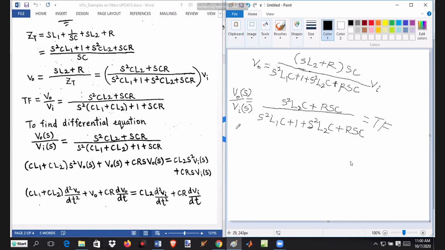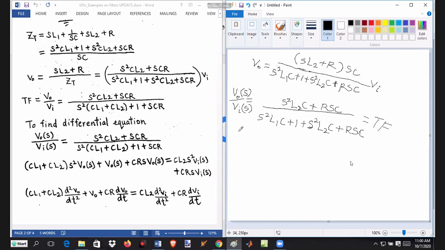So what you do is you cross multiply. You start with the constant first, L1C, or CL1 also can. I think I better follow the order, otherwise some of you may ask how come like that. So you cross multiply and convert back to differential equation.